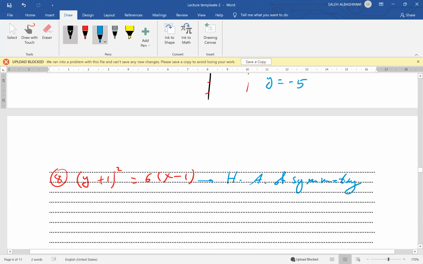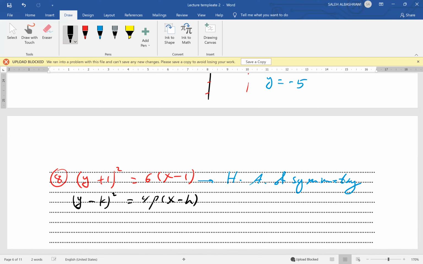Now the standard form for this equation is y minus k to power 2 equal to 4p times x minus h. So number 1, vertex is given by the point h and k, so it is 1 and -1. h equal to 1, k equal to -1.